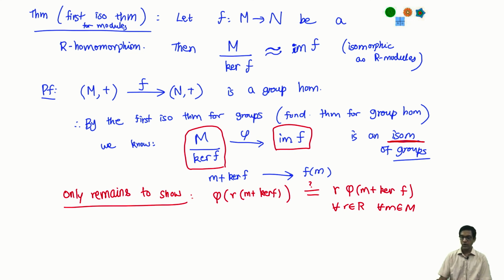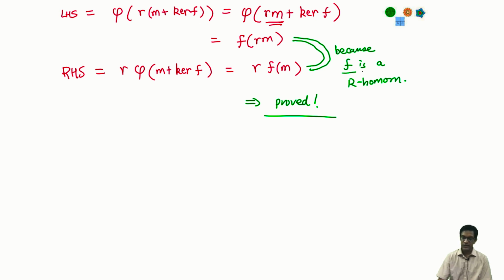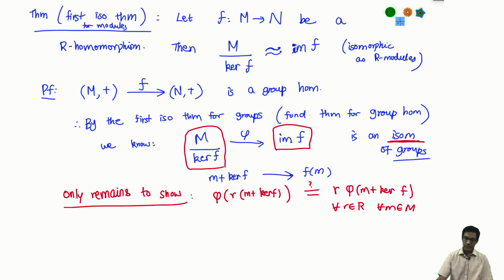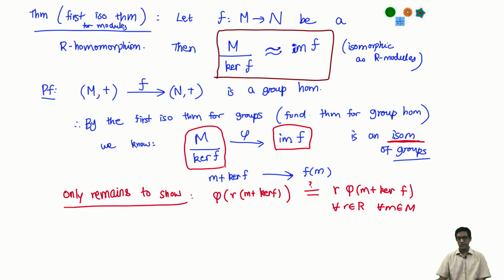To do that, what we finally end up needing is this additional statement about F, that F was not just a group homomorphism, it's also an R module homomorphism. So this is a very important statement. The first isomorphism theorem, as always, tells you that the images of homomorphisms can be identified with certain natural quotient modules.